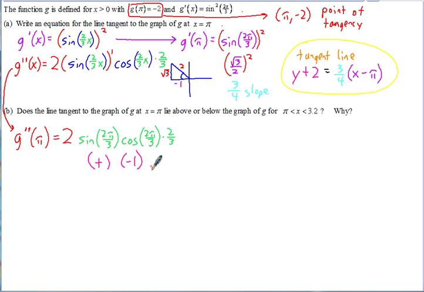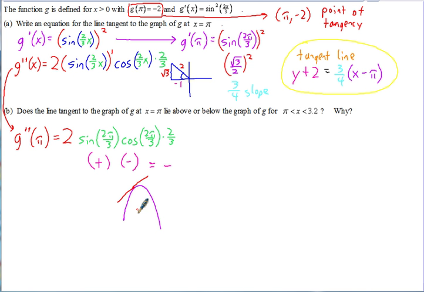So we don't need the actual value here. Just need to know whether it's positive or negative. So positive times a negative is negative. Since the second derivative is negative, we know the graph is concave down. And since it's concave down, we know the tangent line lies above the graph.